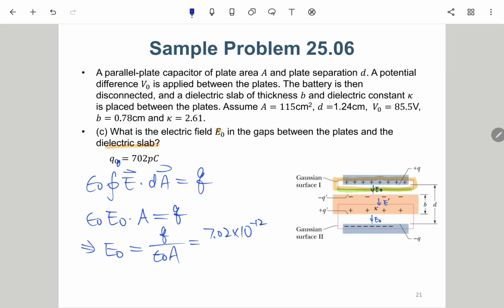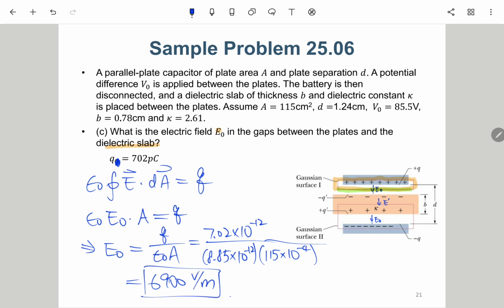We don't have kappa here. And then 8.85 times 10 to negative 12, and the cross-section area 115 times 10 to negative 4 power. So E0 will be 6,900 volt per meter. This is the E field between the plate and the slab.